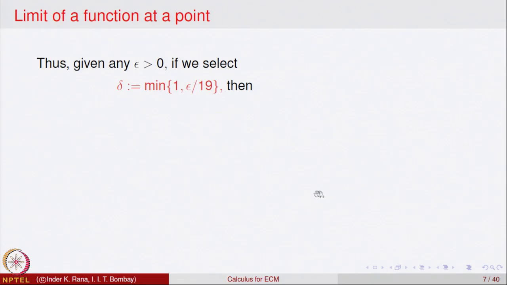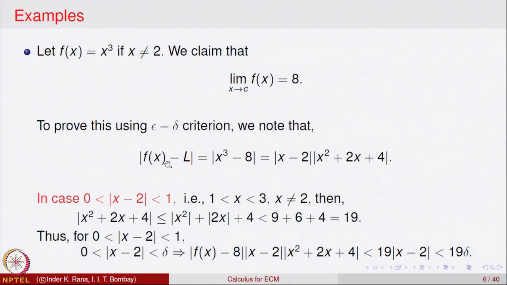So, given an epsilon, now epsilon is going to be given. So, given epsilon, we can select a delta such that delta is minimum of 1 and epsilon by 19. How did I do that? Because in the previous slide, if you look, our mod x minus 2 is going to be less than 1, right, and mod f x minus 8 is going to be less than 19 delta.